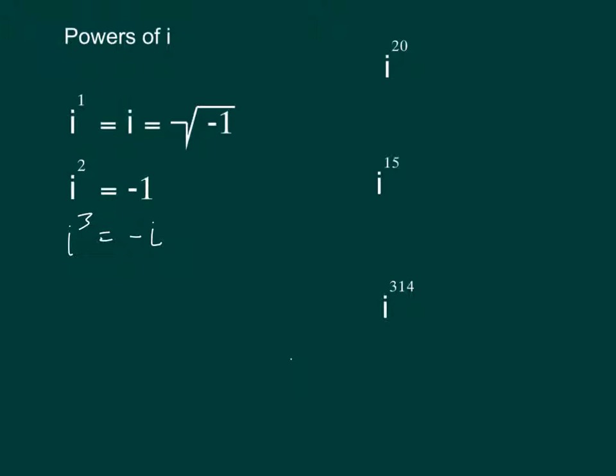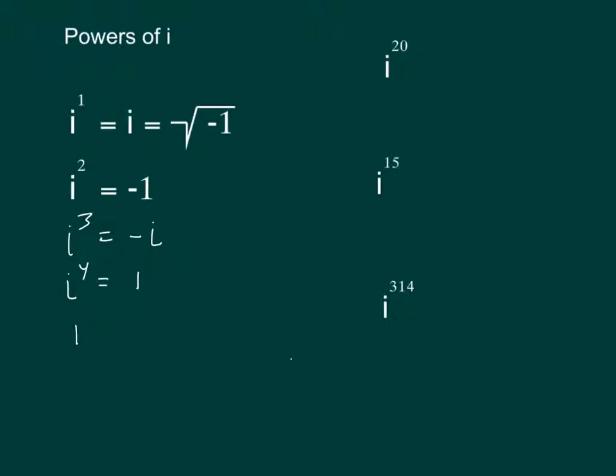Okay, let's keep on going. i to the fourth would be to take i to the third, which is negative i, and multiply it by another i. But negative i times i would be negative i squared. And we know that i squared is -1, so -1 actually comes to 1.